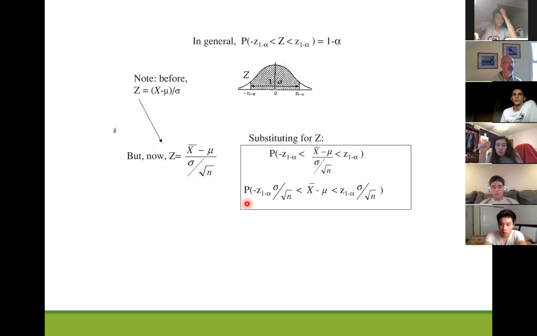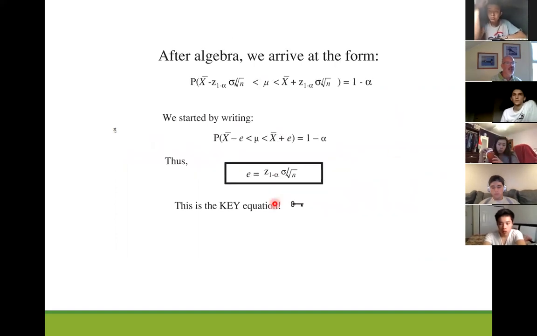So the interval is the lower limit less than X bar minus mu less than the upper limit, which is minus Z sub 1 minus alpha to plus Z sub 1 minus alpha. This gives you the exact formula I wrote in my document camera: E equals Z sub 1 minus alpha times sigma over radical n.